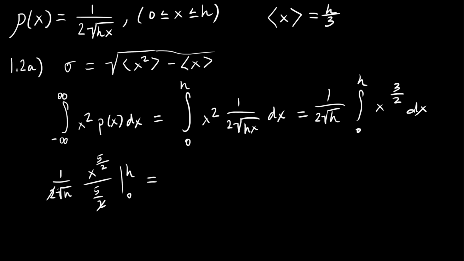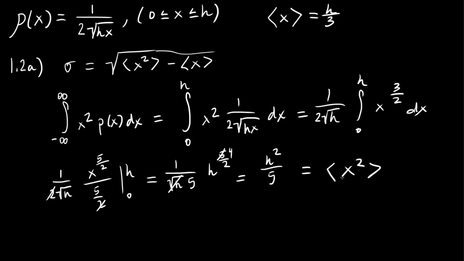And these 2's will cancel, so it'll be 1 over square root of h times 5, and since it's 0 at the lower bound, we only have to worry about h to the 5 over 2, which is equal to h squared over 5. Since this will cancel with one of these, it'll be 4 instead. So this is equal to the expectation value of x squared.